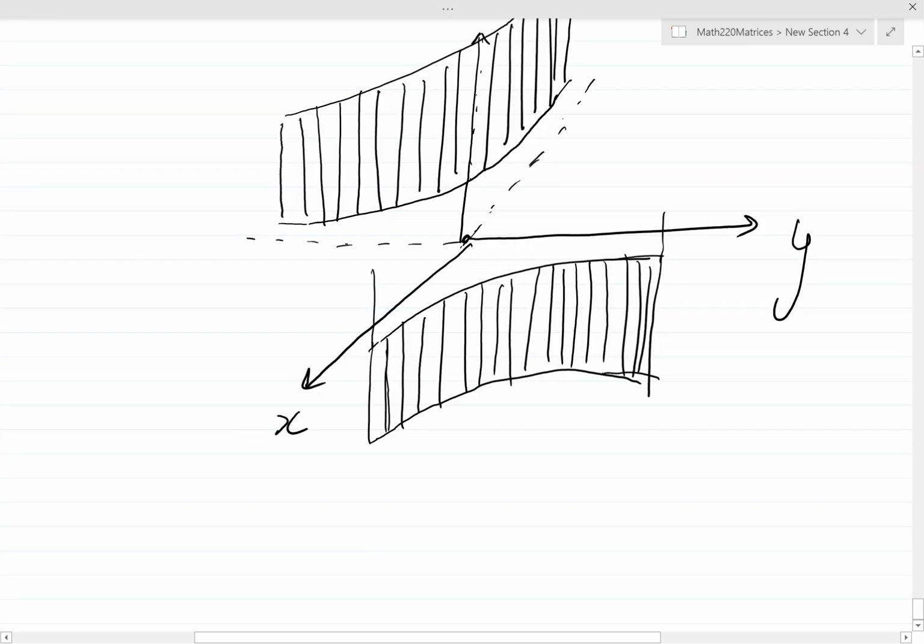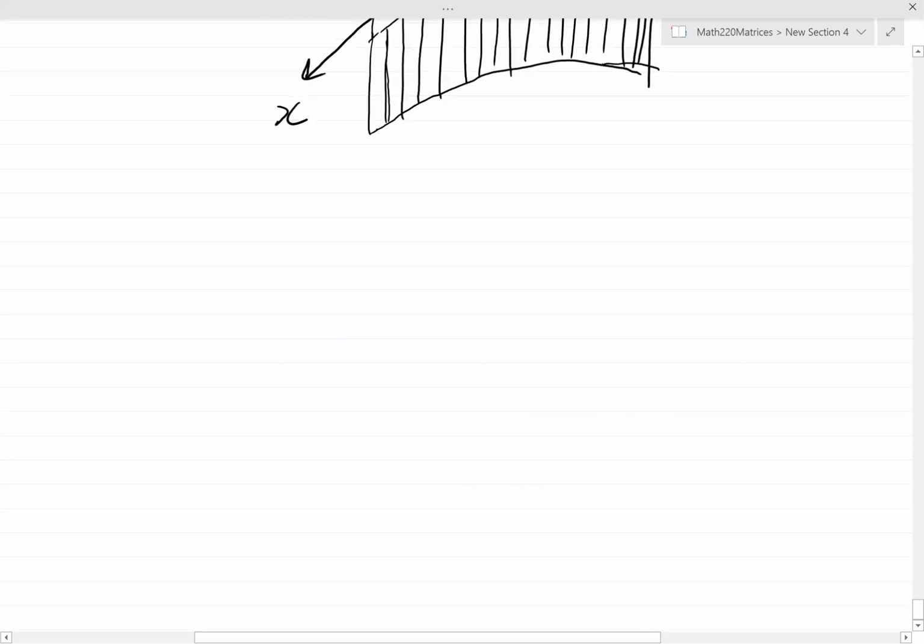Okay, another equation. Equation 3 is x squared plus y squared is z squared.